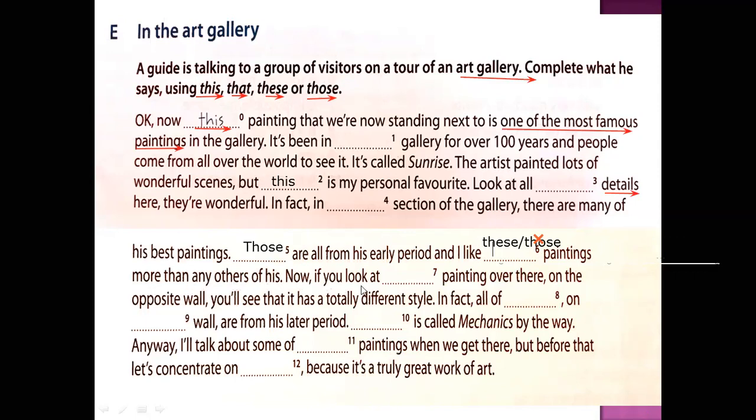Now, if you look at that painting over there, what are you going to write here? Over there, and singular. If you look at that, because it's not near us. On the opposite wall, you will see it has a totally different style.